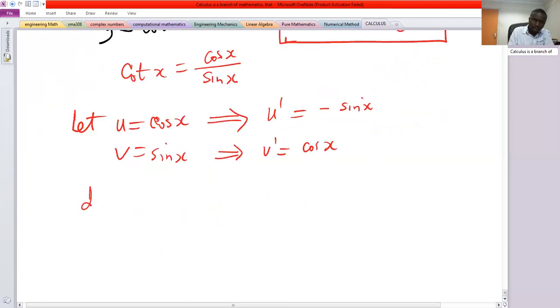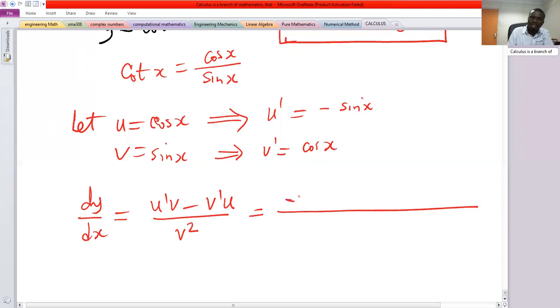Now by the quotient rule, dy dx is u prime v minus v prime u divided by v squared, which is u prime, minus sine x, times v, sine x, minus v prime, cos x, times u, cos x, and then v is sine x, and then we square.